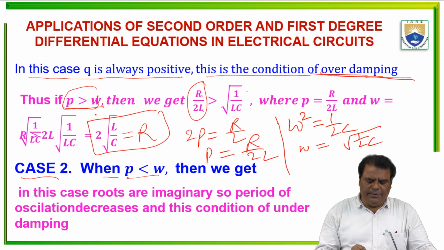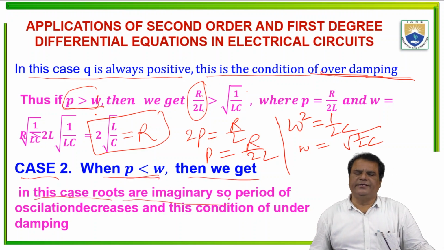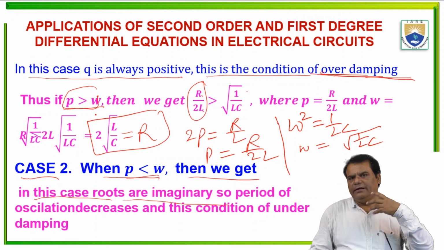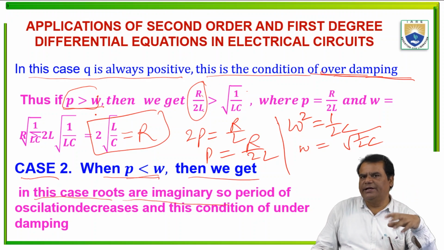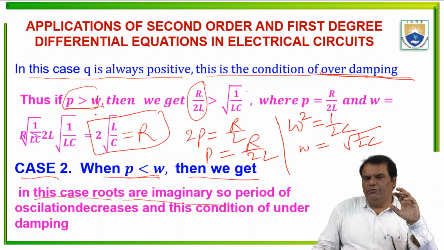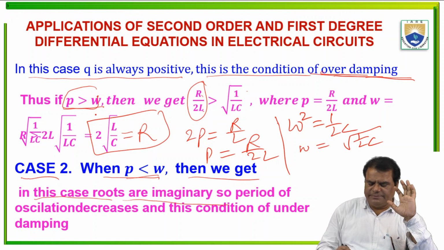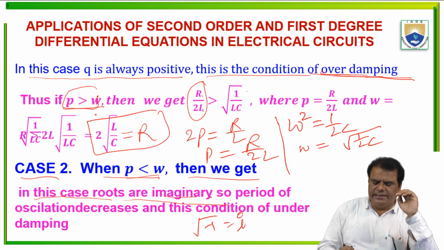Case 2, P is less than W. In this case, roots are imaginary. When P is less than W, the value inside the root is negative, and a negative value inside the root means an imaginary value. We have seen the square root of minus 1 is i, so there are imaginary roots.